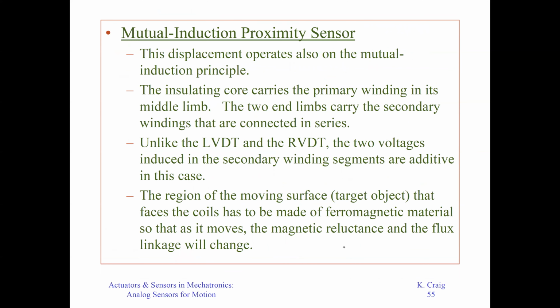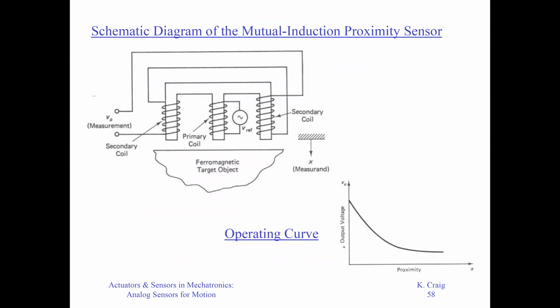So this is a mutual induction proximate sensor. Let's look at the picture first. Say, for example, you have an object, and this is like a head. You can attach this head to a piece of motion body.